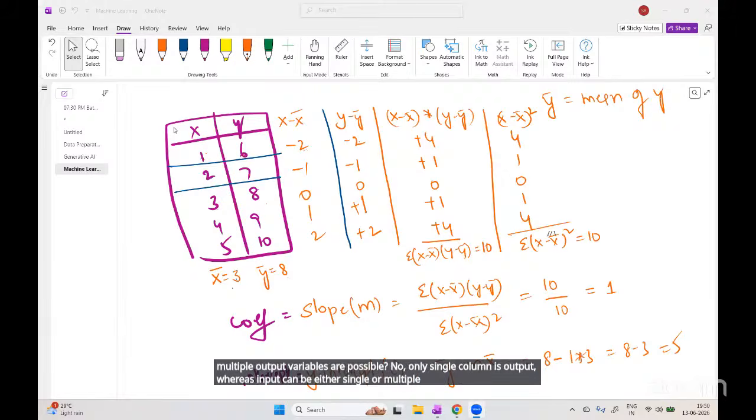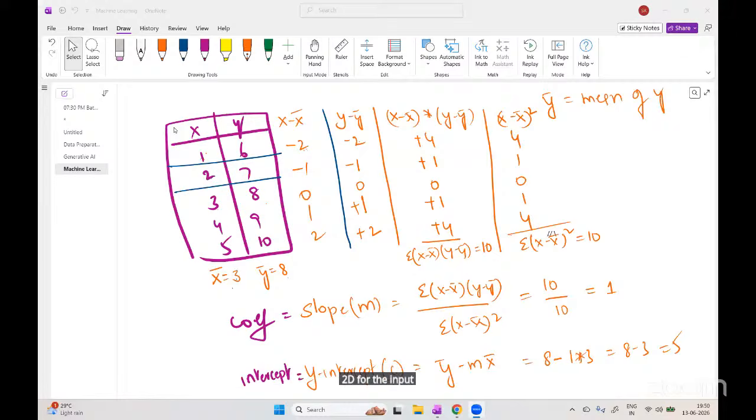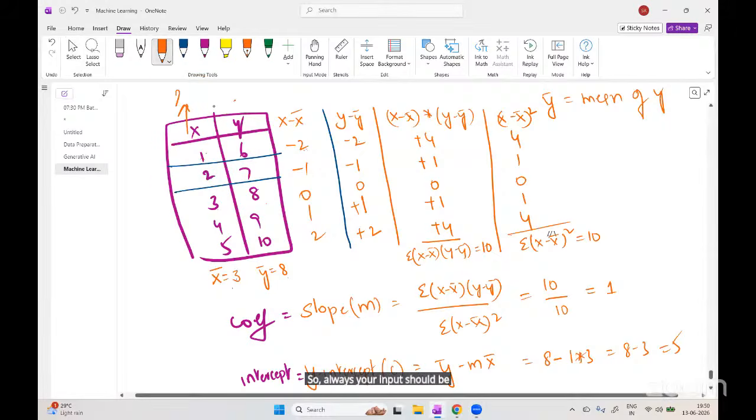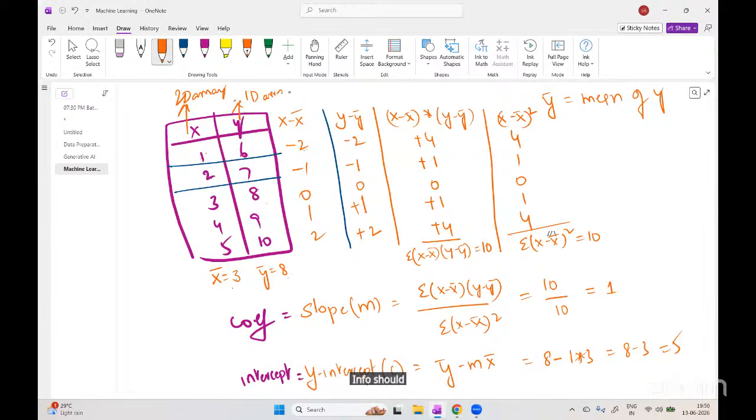So that is the reason they have locked it to 2D for the input and 1D for the output. So always your input should be a 2D array and output should be a 1D array. Then next, Virendra: what about non-linear? We'll discuss it, Virendra.